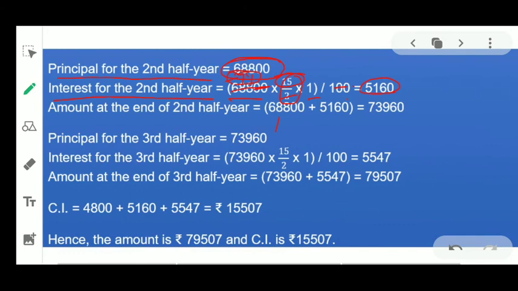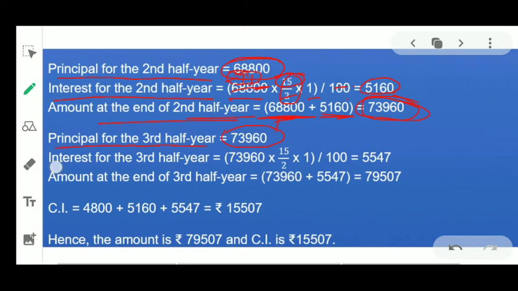Now amount at the end of second half year will be principal plus interest, that is 73,960. Now principal for the third half year equals 73,960, that is the amount at the end of second half year.